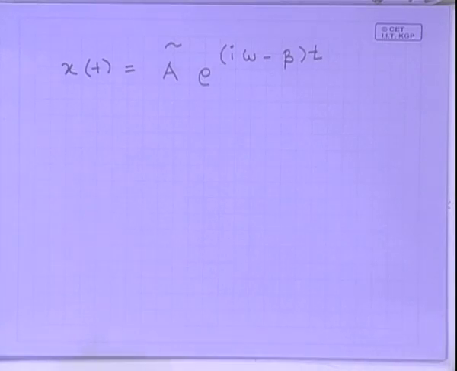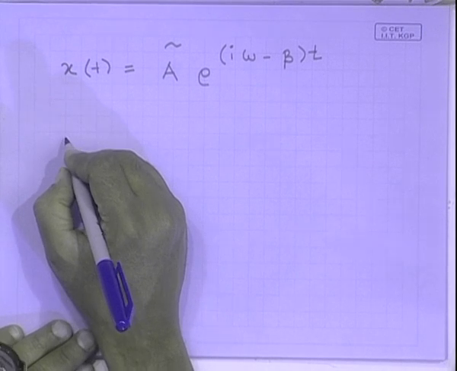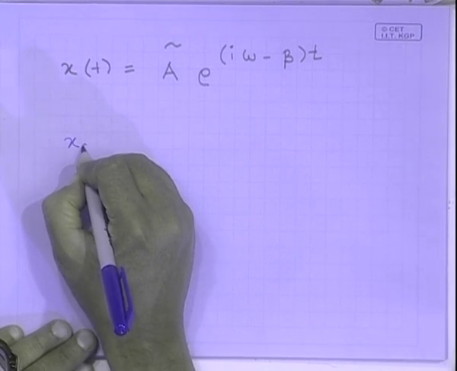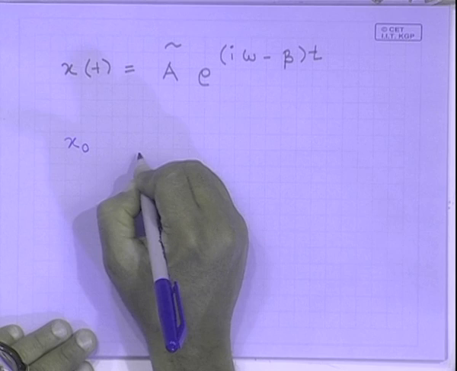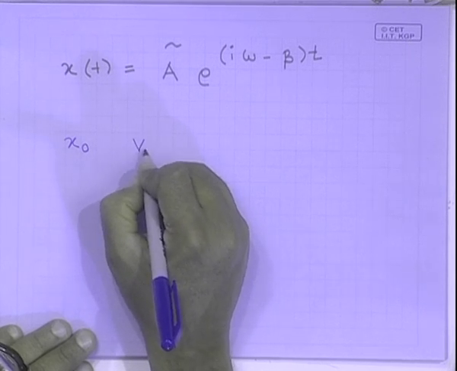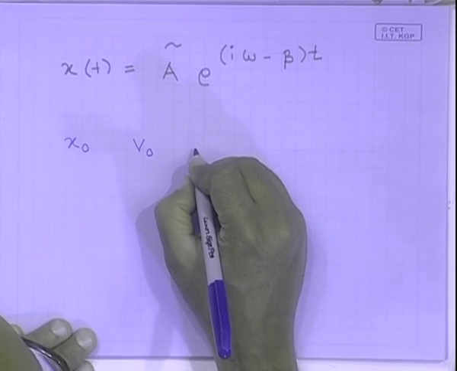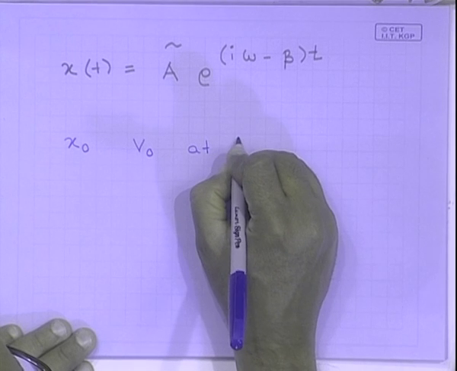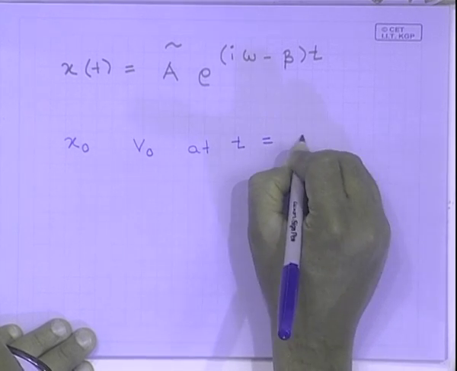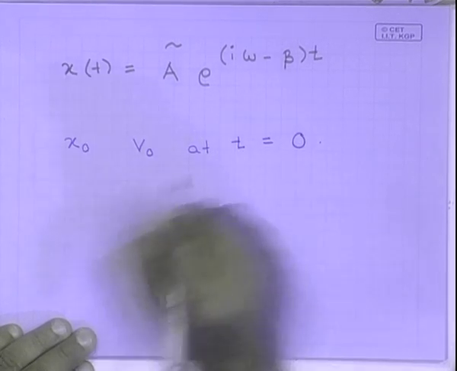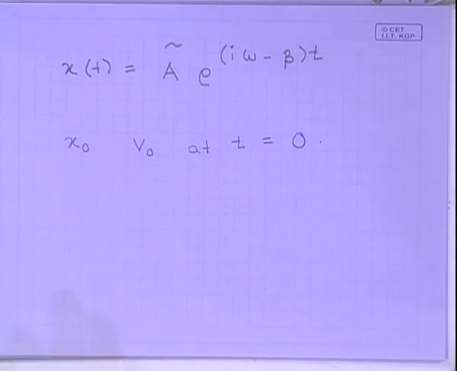You are also given the information that the oscillator has an initial position x naught and an initial velocity v naught at t equal to 0. So, you are given the initial conditions at t equal to 0.